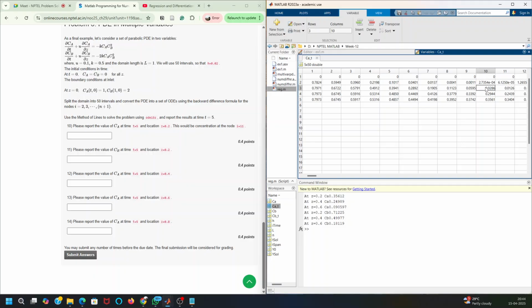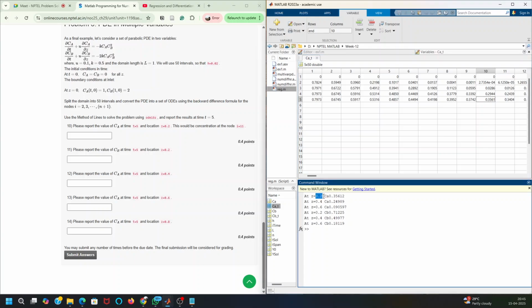So this is our concentration at 0.2. So z equals 0.2 is at the 10th node, so not the 10th but the 11th node.